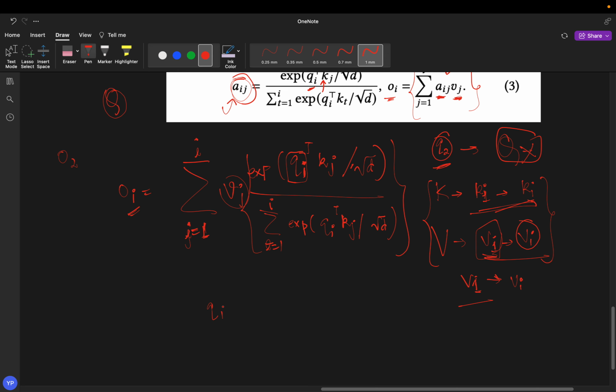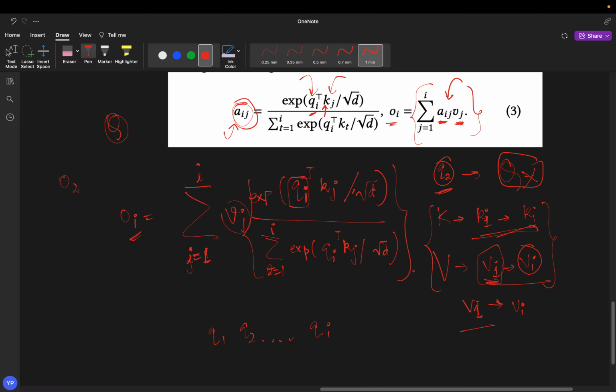We don't need Q1, Q2 to compute some Qi. But in case of K and V, we do need those values. That is why we're saving these previous values into our cache memory. That is why we are doing the whole KV caching thing.